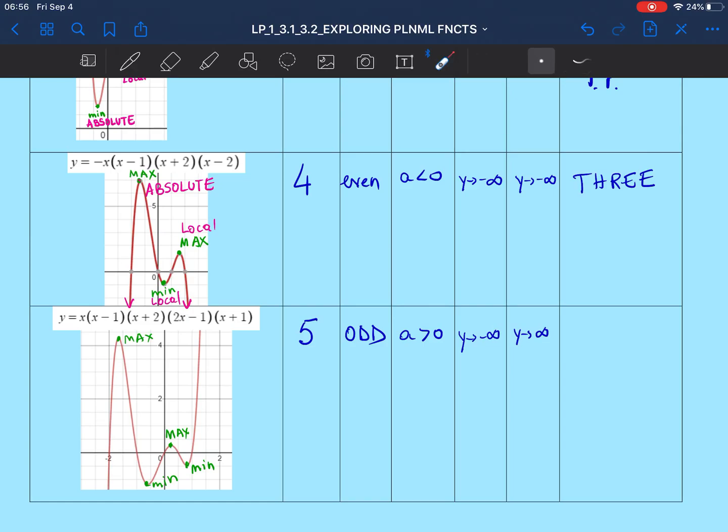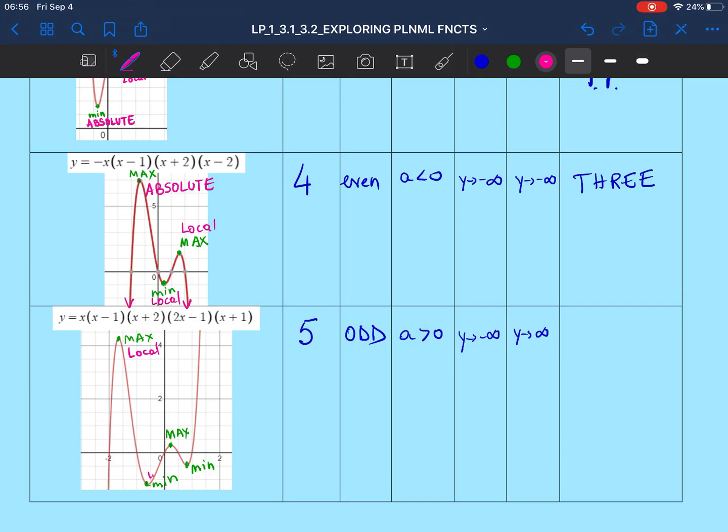Now, when it comes to identifying them as absolute or local, we're going to say that this maximum in here is a local maximum, and that's because the function continues to increase to infinity. So the absolute maximum is undefined. So you will call this a local max.